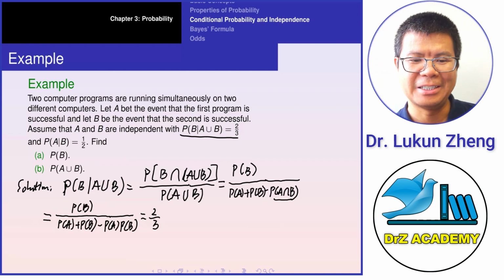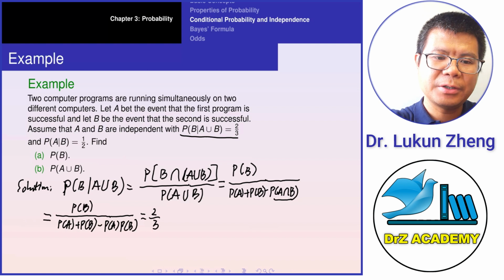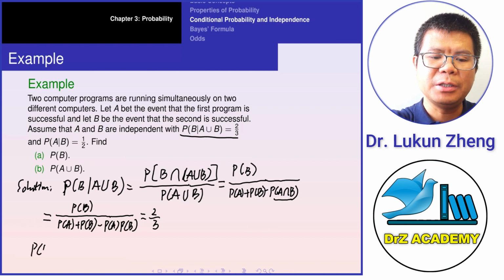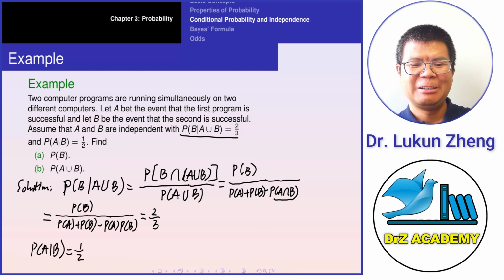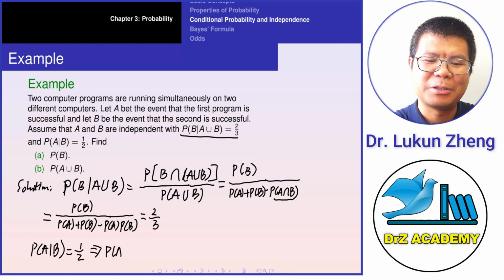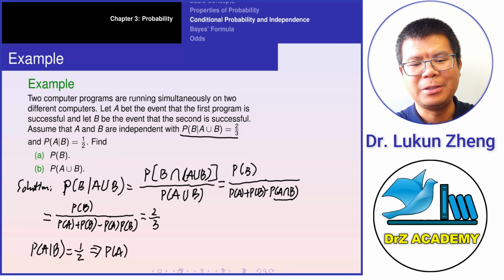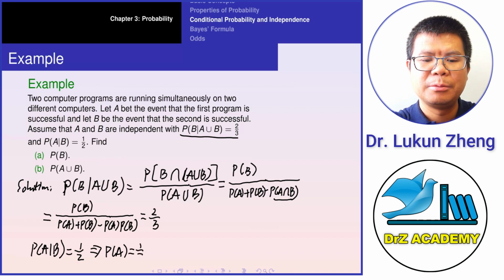Another given is the second one: P of A given B is 1/2. However, A and B are independent, so this conditional probability is actually P of A. So P of A is 1/2 because they're independent.